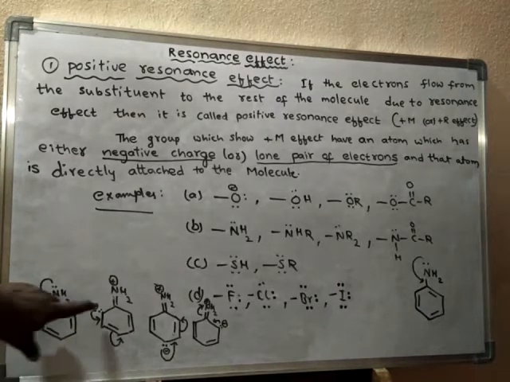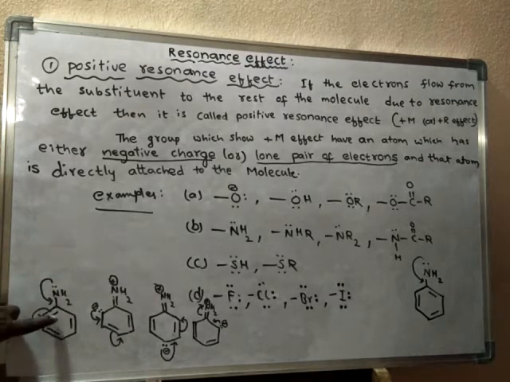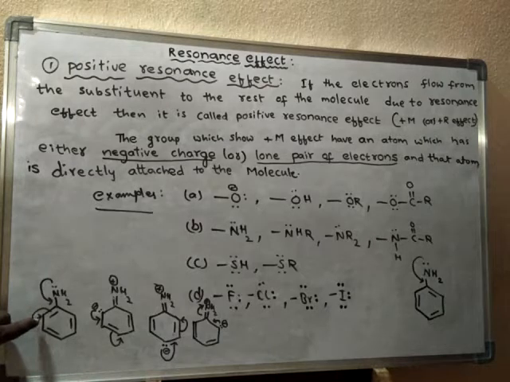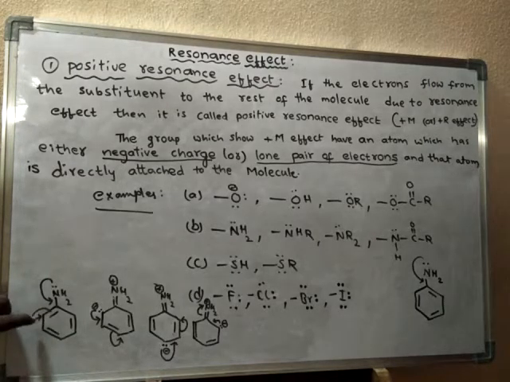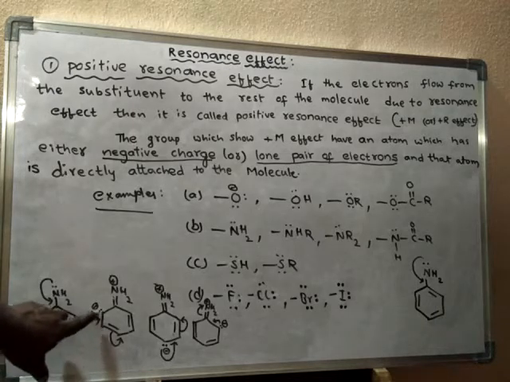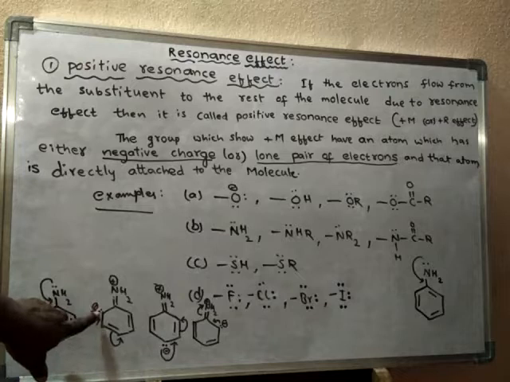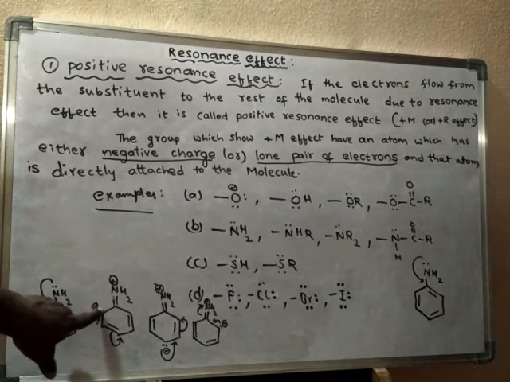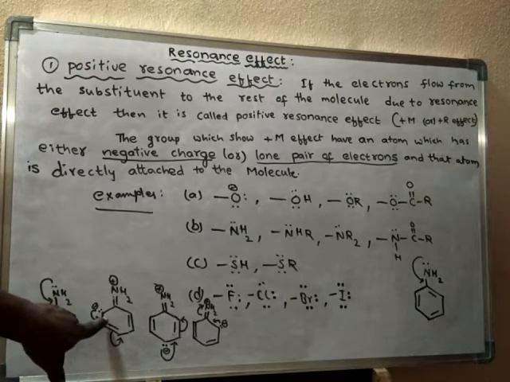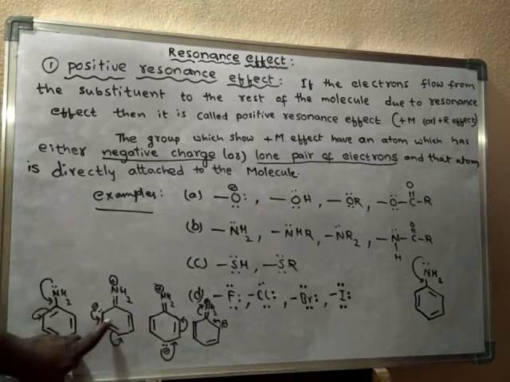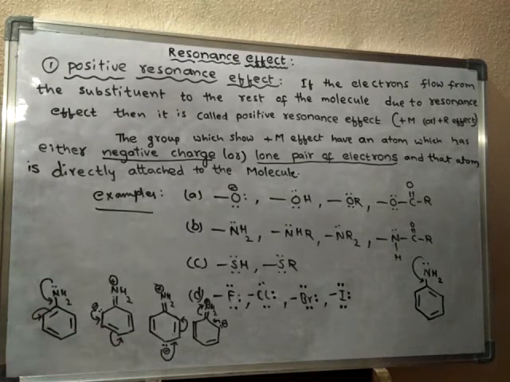Now this single bond will convert into a double bond, and the pi bond present between these two carbons, being a weak bond, will have its electrons come onto this carbon. Now this carbon gets a negative charge. In the next step, this pair of electrons will flow here and form a pi bond again, but the position of the pi bond has changed.